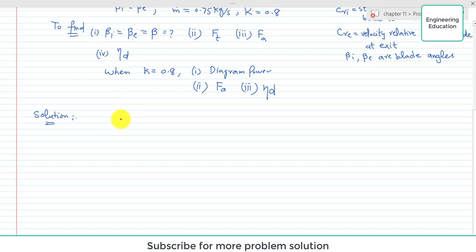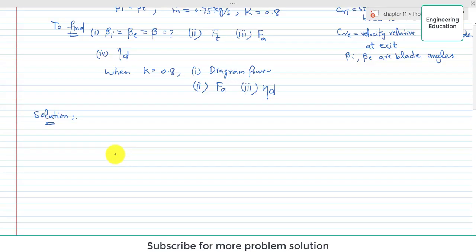This method is used for simple problems. Second method, for complex type problems, is the analytical or trigonometric method, in which we find the angles and respective velocities. So in this problem we are using the analytical method to find all values.